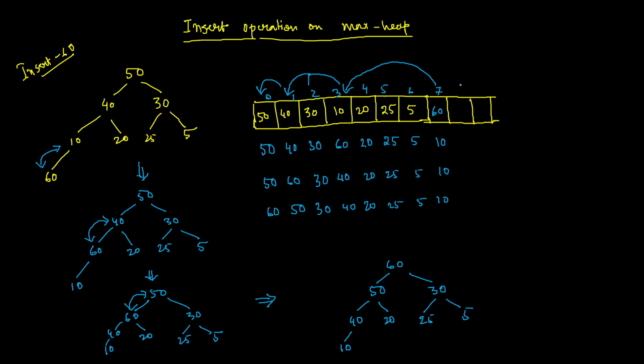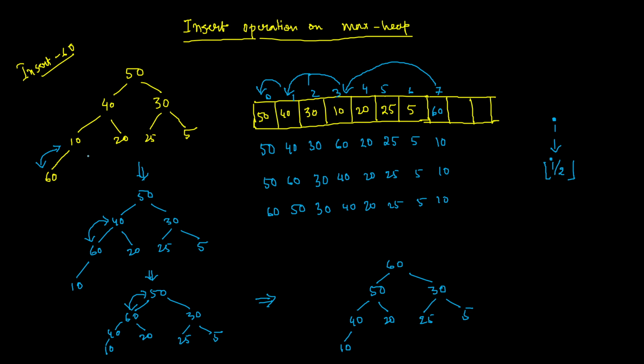Now see, if you check the newly created index values with respect to the previous one, initially if 60 was at the ith index, next time it changed to the floor value of i by 2, right? Because it was 7 by 2, that is 3, then 3 by 2, that is 1, then 1 by 2, that is 0.